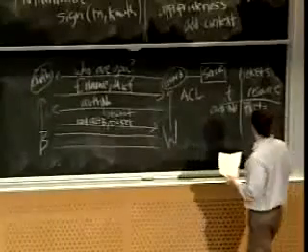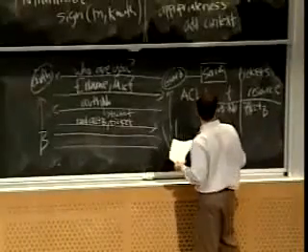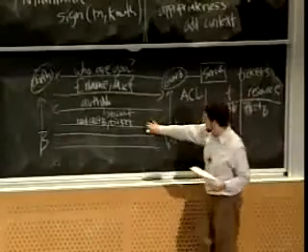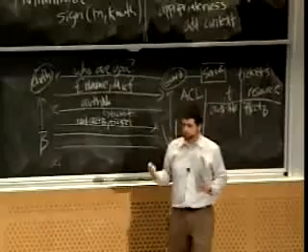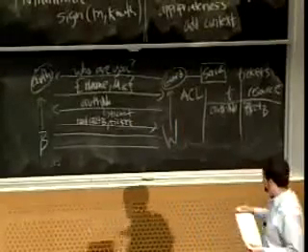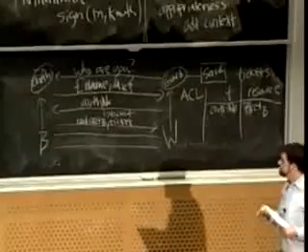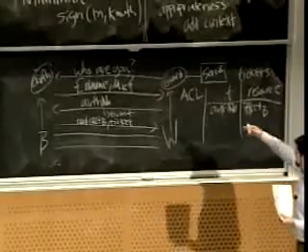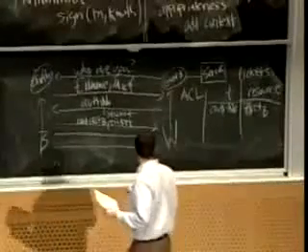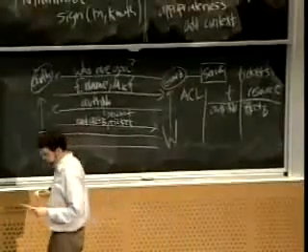Oftentimes there'll be a timeout associated with tickets. But as long as the ticket is valid, he can supply it to access the resource the ticket gives him access to, and he doesn't have to re-authenticate himself or re-present his credentials every time he wants to access his account on the web server.